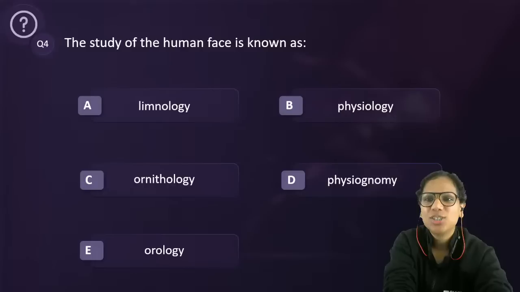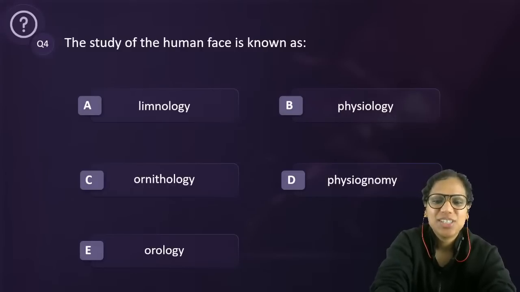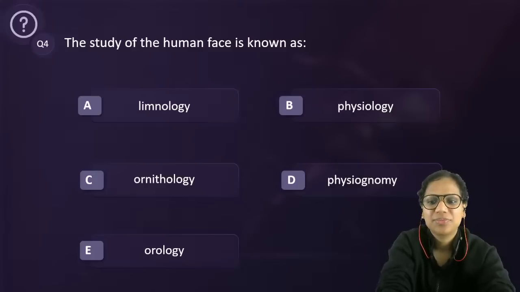More of a combination of GK and vocab. Let's see what you say here. The study of human faces. I think some options you can easily eliminate. So just eliminate and tell me which options you've narrowed down to.